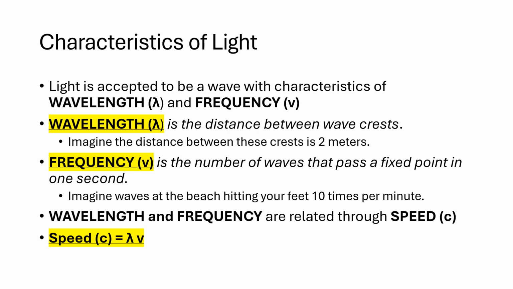And you will see pictures of these in the following slides. And our frequency is the number of waves that pass a fixed point in 1 second, or 10 seconds, or 1 minute, or 10 minutes, right? That number could vary. You can make that whatever you want. But either way, the frequency is just the number of waves that pass during a fixed point in time.